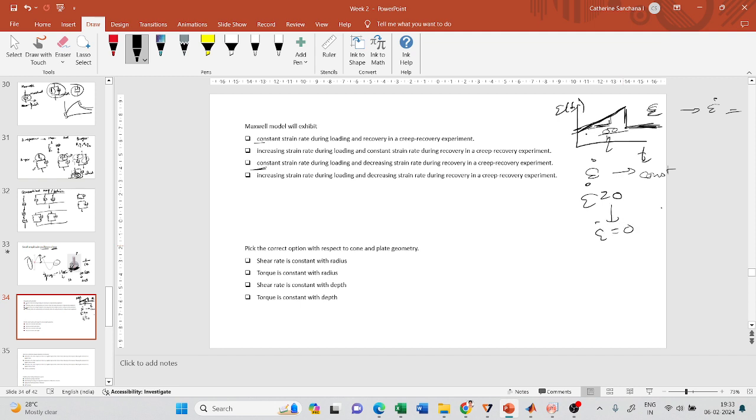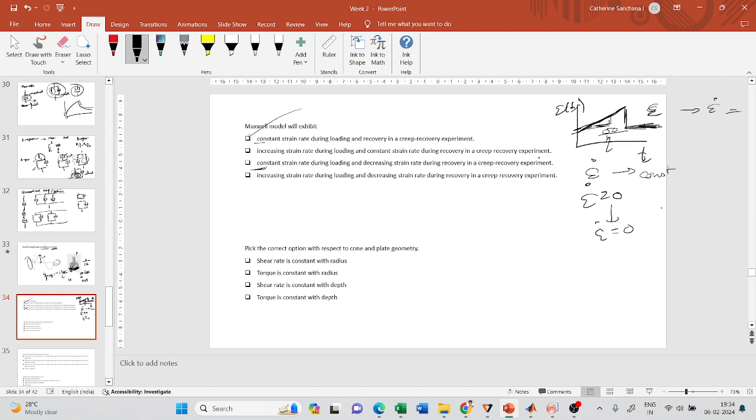So before loading, strain rate is constant, and after loading, strain rate is zero, which is also constant. So here it is going to be this option because the other option says it has a decreasing strain rate during recovery. Right. So that is not the answer.